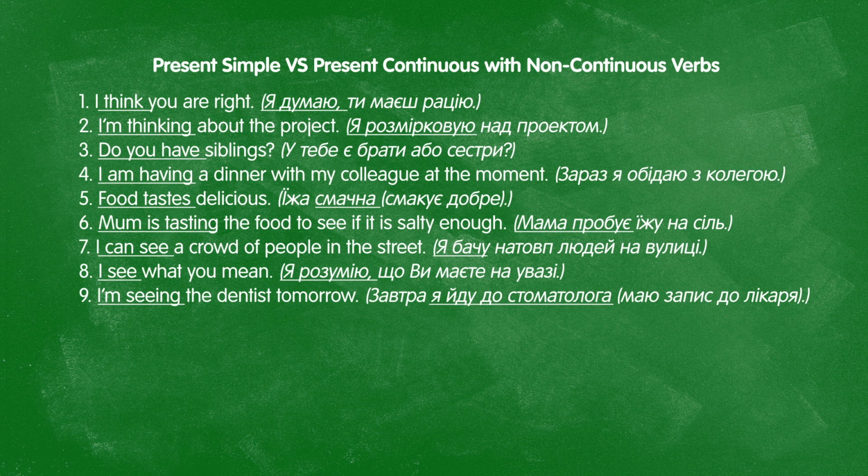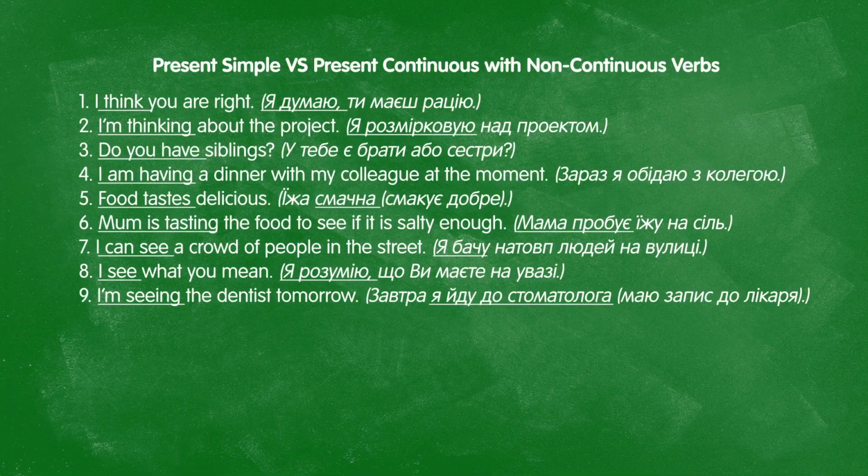I understand what you are telling me. And the third example, I'm seeing the dentist tomorrow, just like I'm leaving for London tomorrow. Here, I'm expressing plans, preparations, something I am planning to do in the near future and have already taken some actions, in this case, making an appointment, to do as I plan.